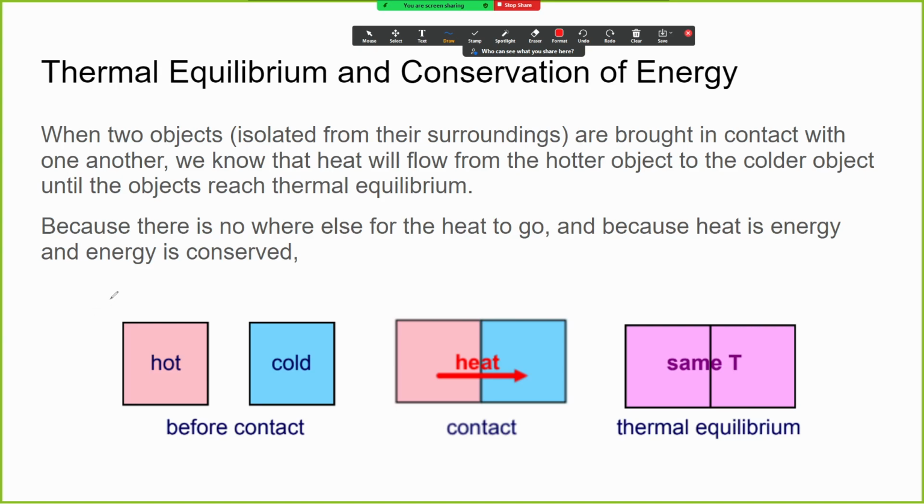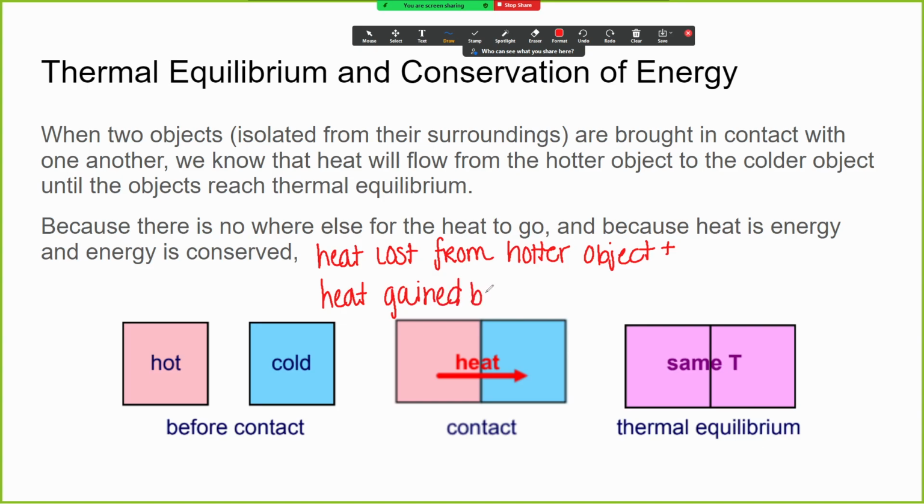Because there is nowhere else for the heat to go, and because energy is conserved, I'm going to write this down: the heat that is lost from the hotter object plus the heat gained by the colder object is equal to 0.